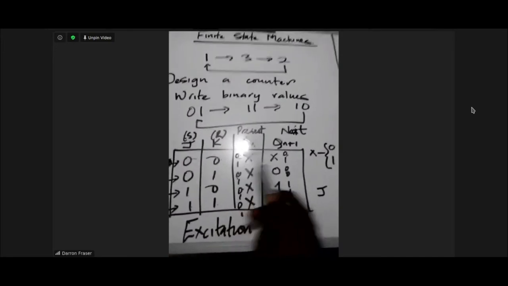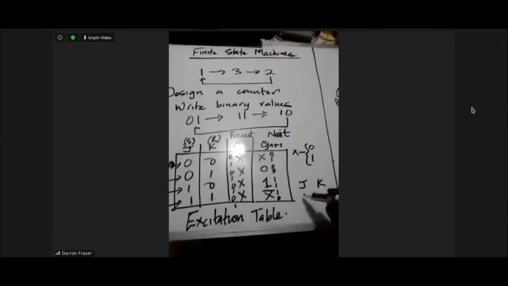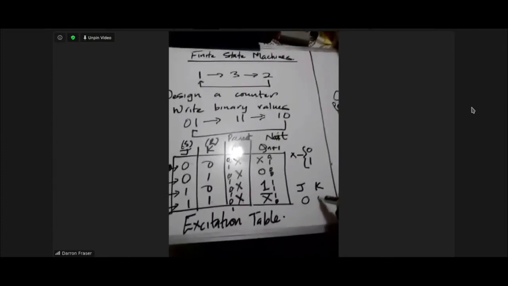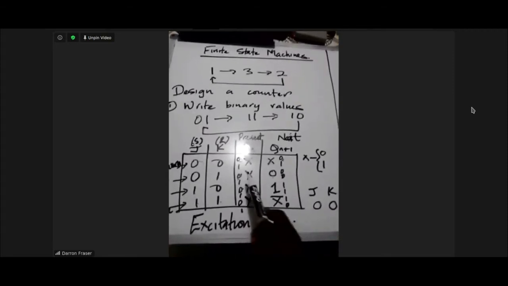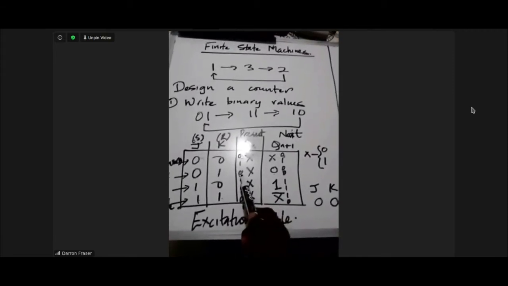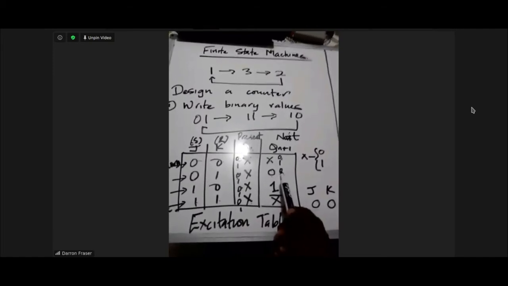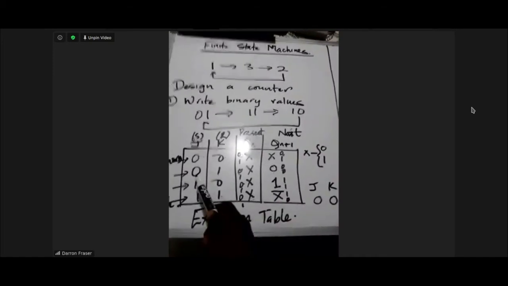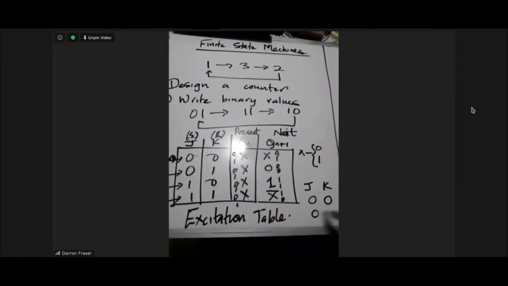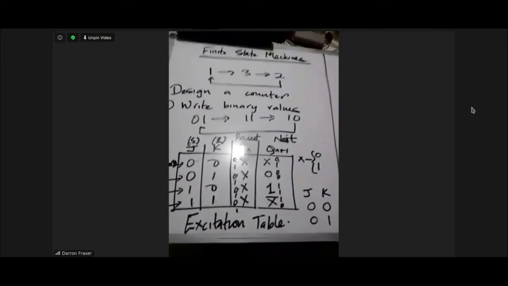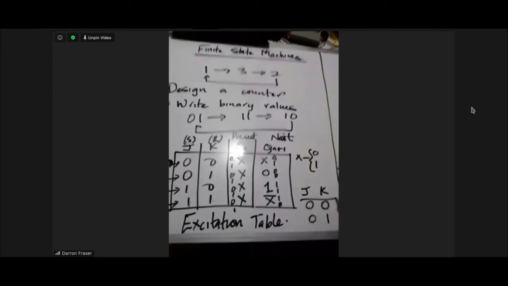Well, in this particular case here, up here, J would be equal to 0 and K would be equal to 0. But for this case now, presently at 0, and the next state is 0, what values of J and K cause that? 0 and 1. So these are the two conditions that we have here.